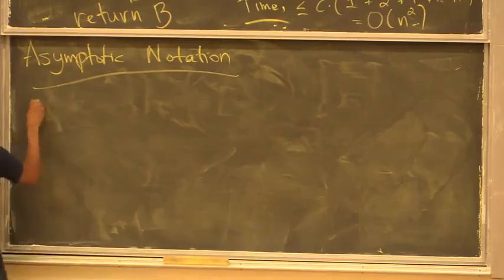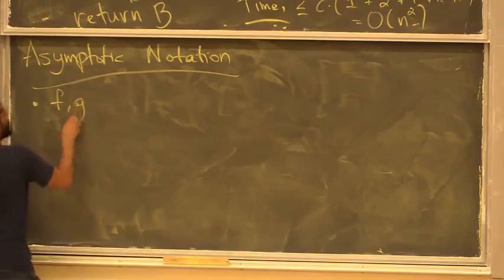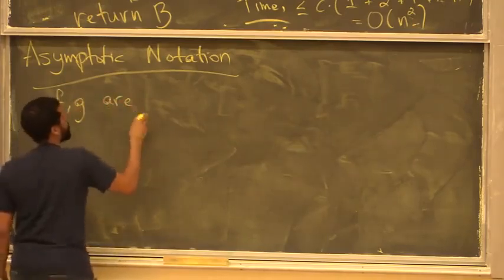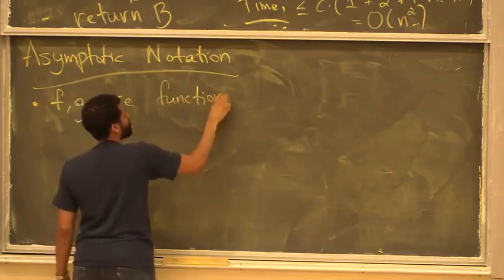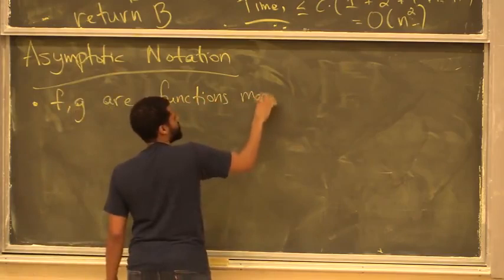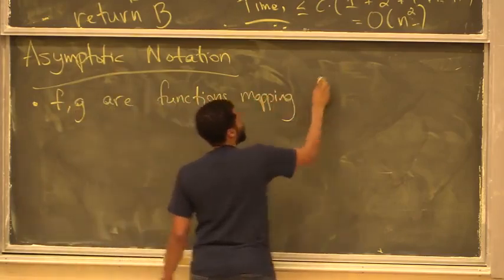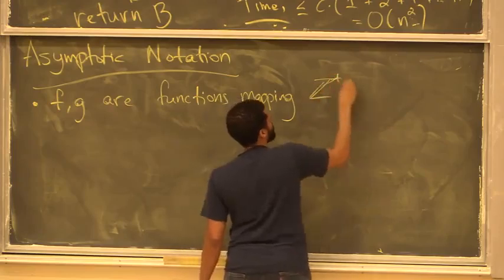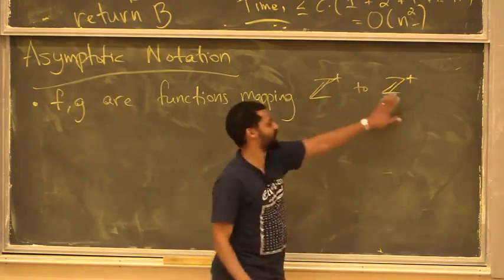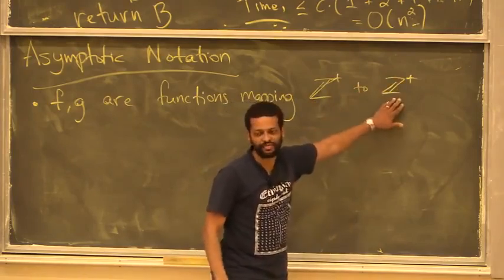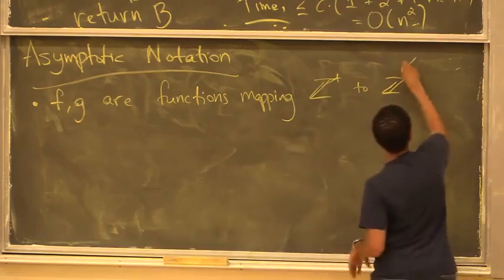So let's say f and g are functions mapping positive integers to positive integers, like n to the number of steps on inputs of size n.